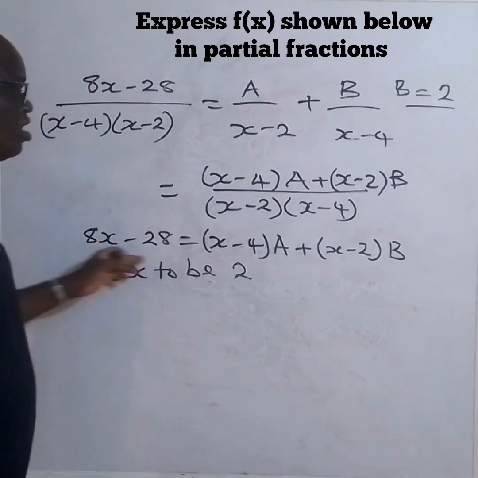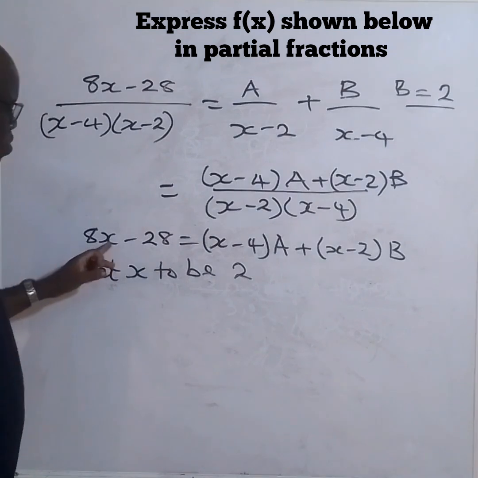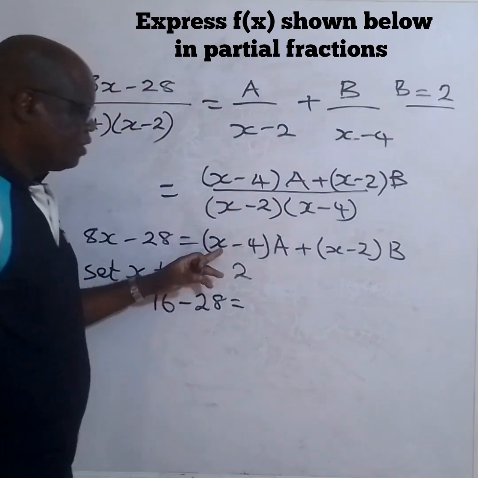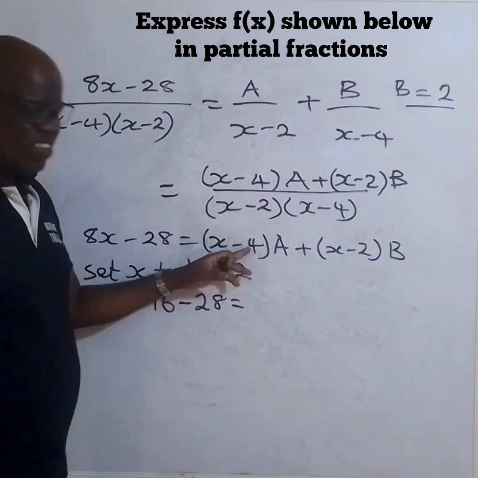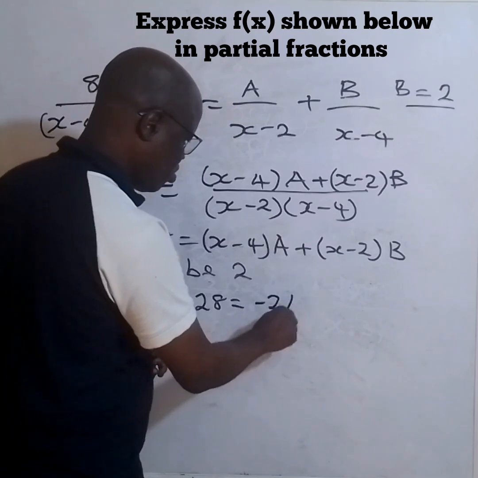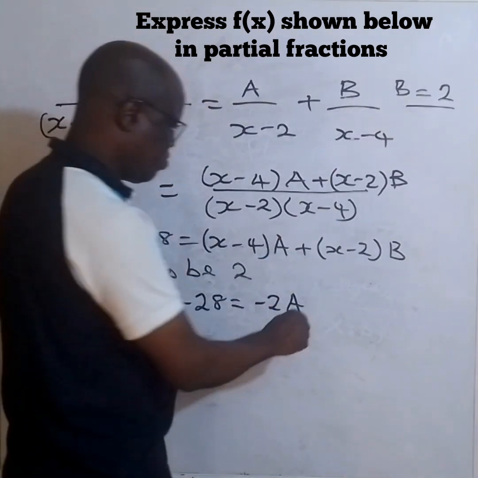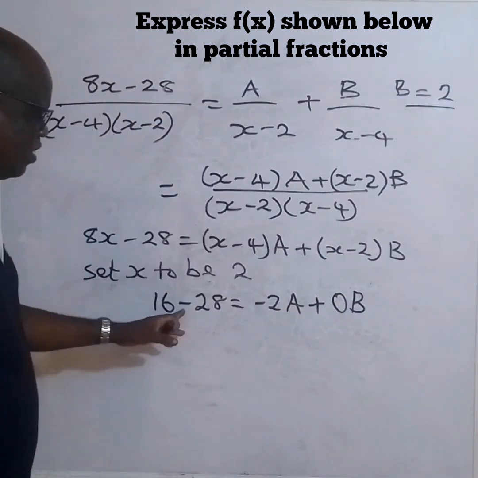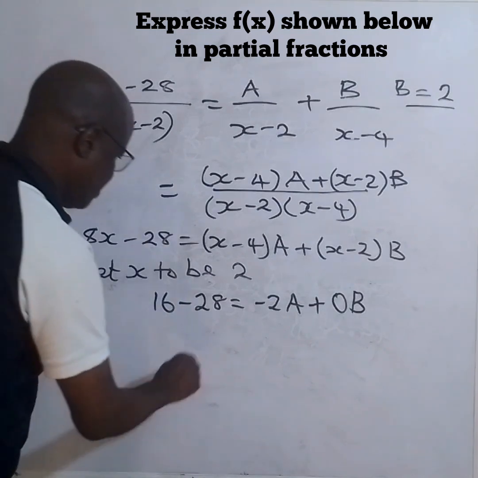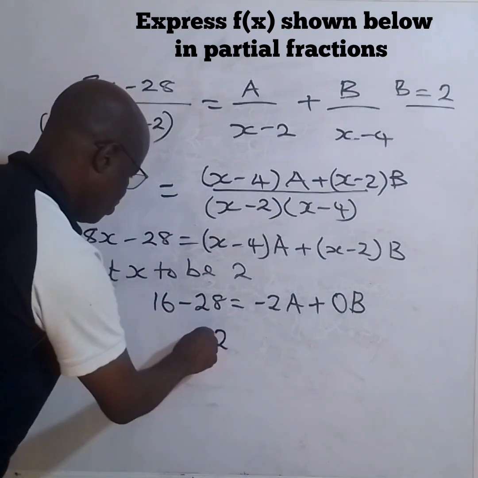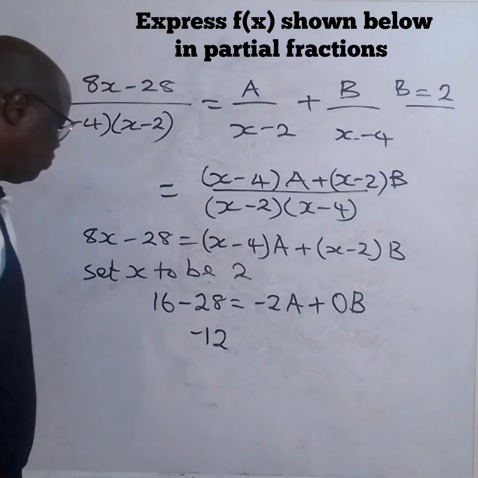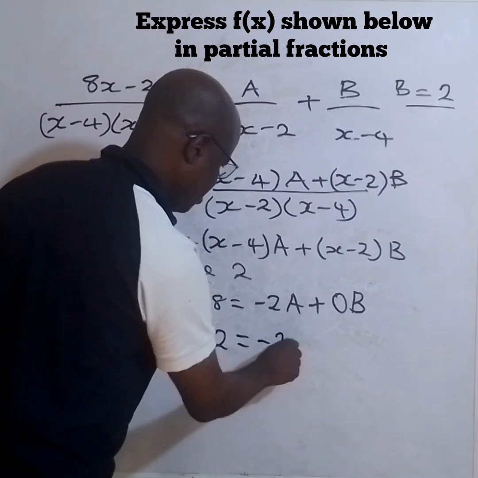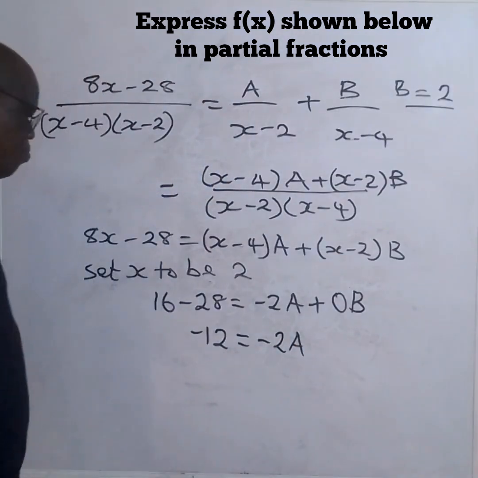So let's now put 2 in this expression. 8 times 2, 16. 16 minus 28. 2 minus 4 times A, plus 2 minus 2 is 0B. 16 minus 28, that's minus 12, is equal to minus 2A.